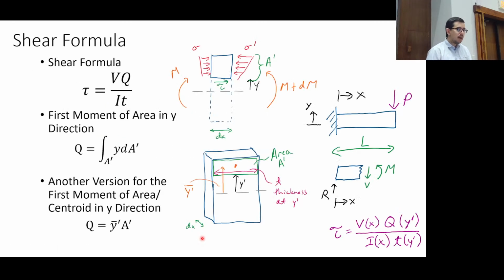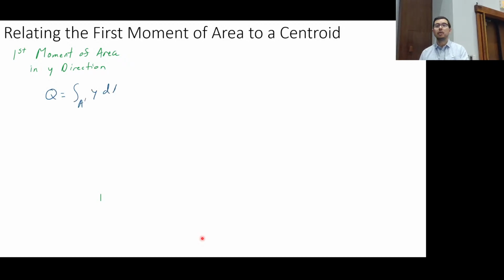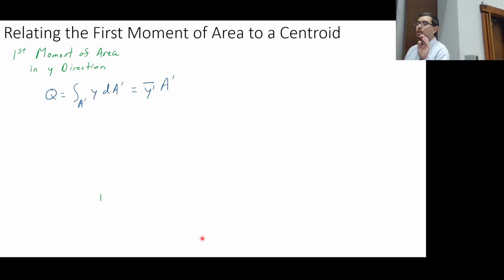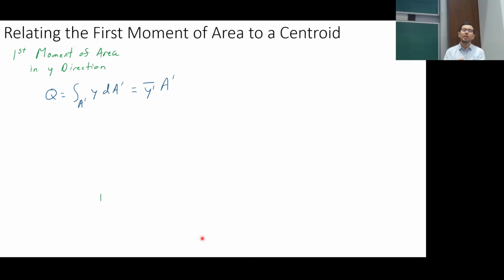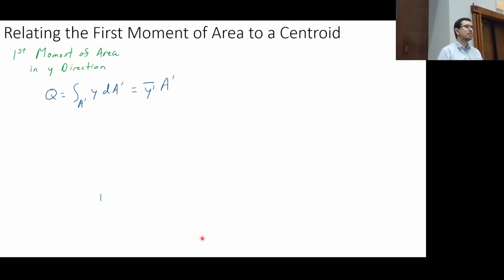So what do we mean by bonkers? Well, we need to calculate Q. That previous question was one where I told you what Q was, and that Q is what you have if you're at the neutral axis. But what is your Q if you are not at the neutral axis?